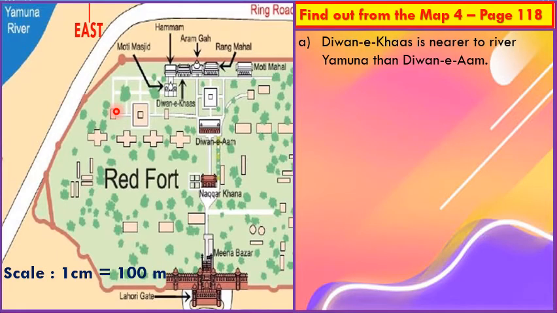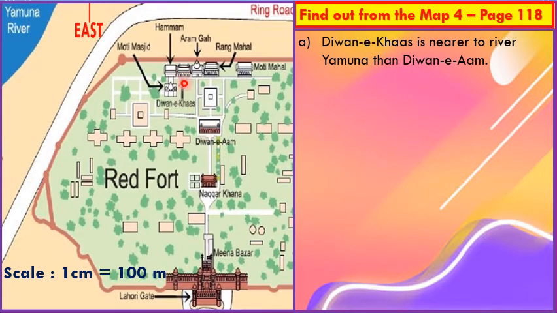Now we will answer some questions based on this map of Red Fort. First one, which of these is nearer to river Yamuna? The Diwan-e-Am or the Diwan-e-Khas?